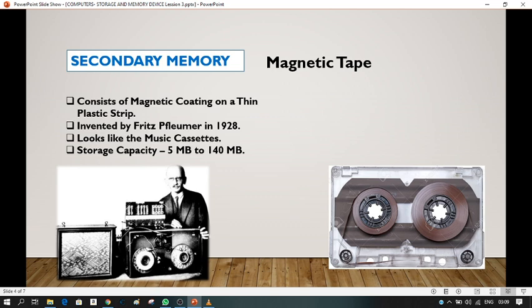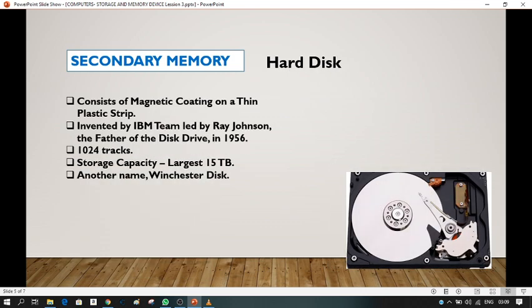Hard disk. Hard disk consists of magnetic coating on a thin plastic strip. It was invented by an IBM team led by Ray Johnson, the father of the disk drive, in the year 1956.